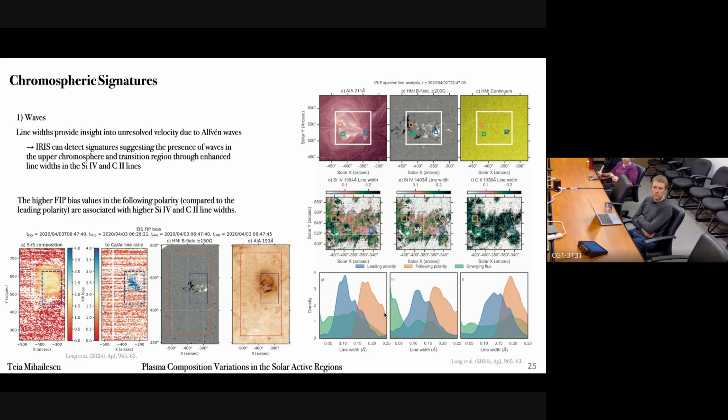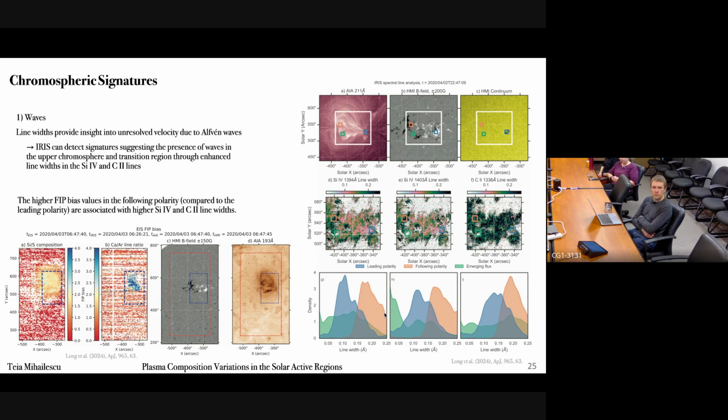A much stronger line width would suggest stronger signatures of unresolved velocity due to Alfvén waves. So this would be in line with the ponderomotive, or this wave scenario. If we have more waves, or stronger waves, in the following polarity, that leads to the stronger fractionation.